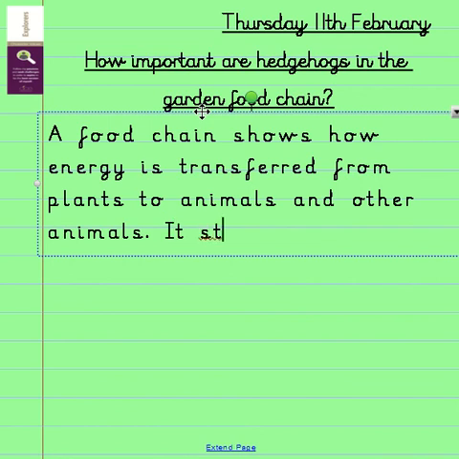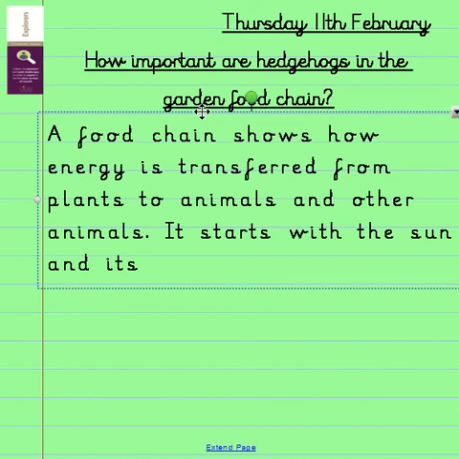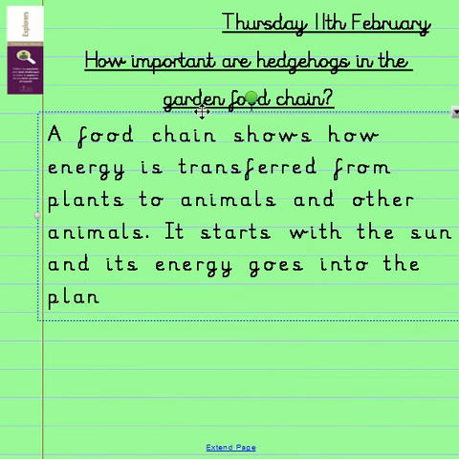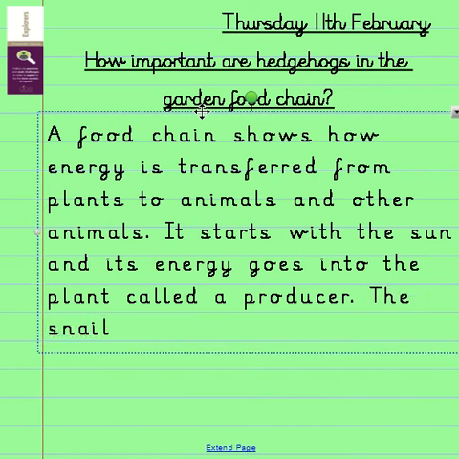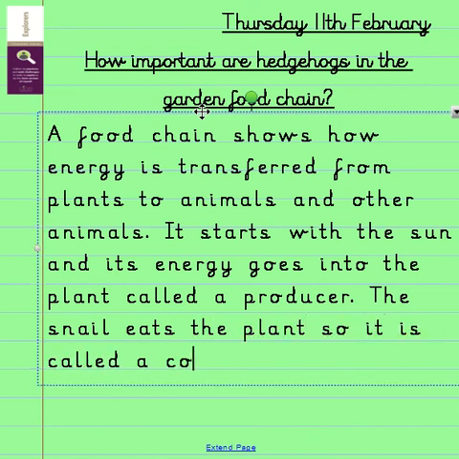So we could say it starts with the sun and its energy goes into the plant, called a producer. Then what happens? The snail, or you might have a slug or another invertebrate, eats the plant, so it is called a consumer. And you can finish that off then, because after the snail, what do we have?